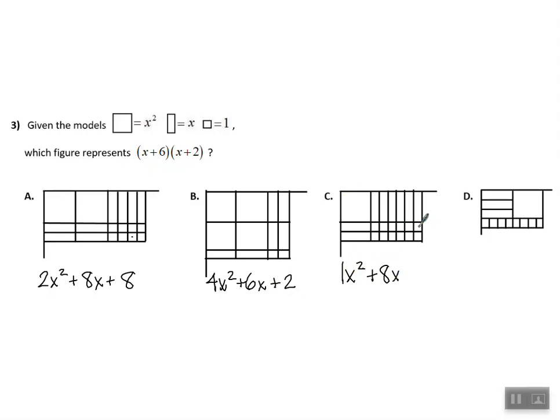And 12 little squares. Lastly, for answer choice D, we have 1 big square, so that is 1x squared. 3 rectangles, so that's 3x, and 8 little squares, so plus 8.